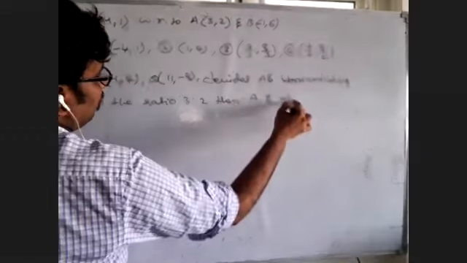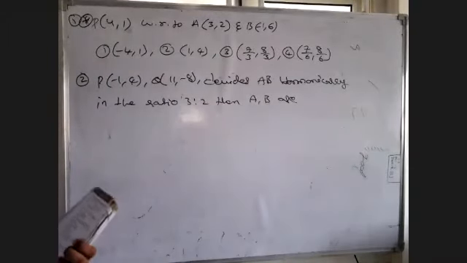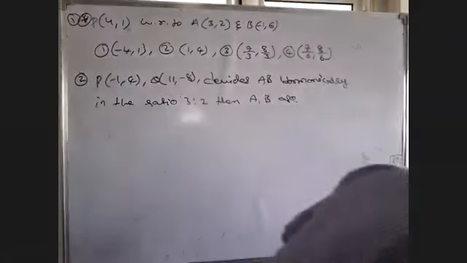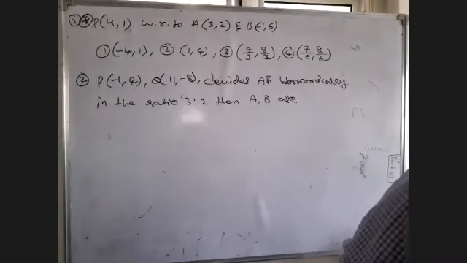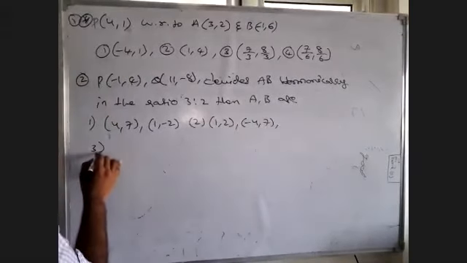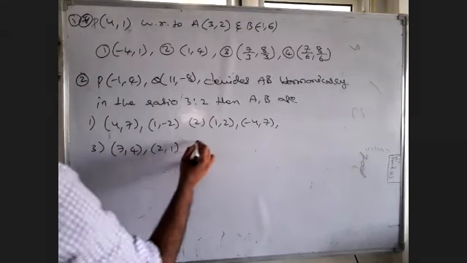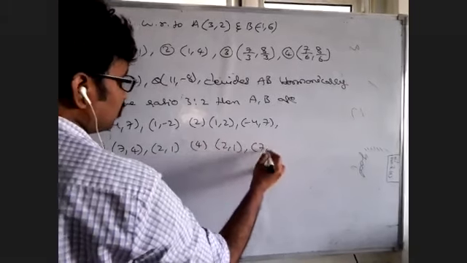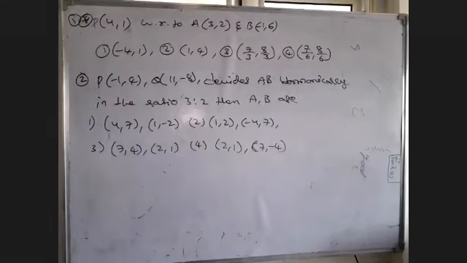Then A comma B are: first option 4 comma 7, 1 comma minus 2; second option 1 comma 2, minus 4 comma 7; third option 7 comma 4, 2 comma 1; fourth option 2 comma 1, 7 comma minus 4.